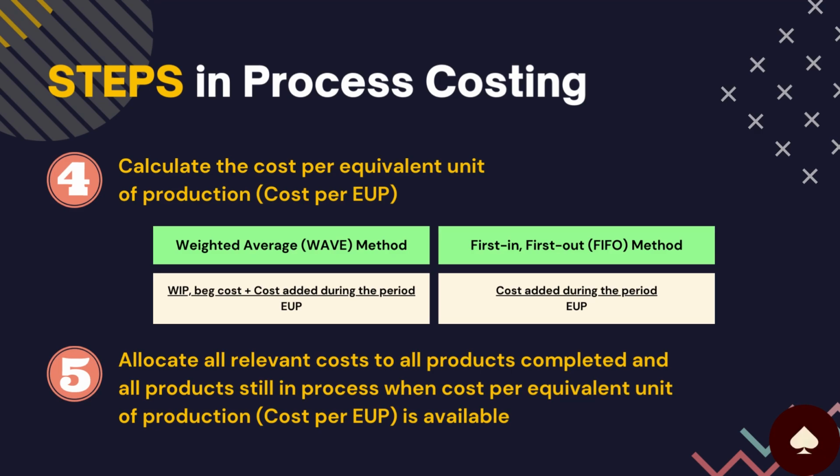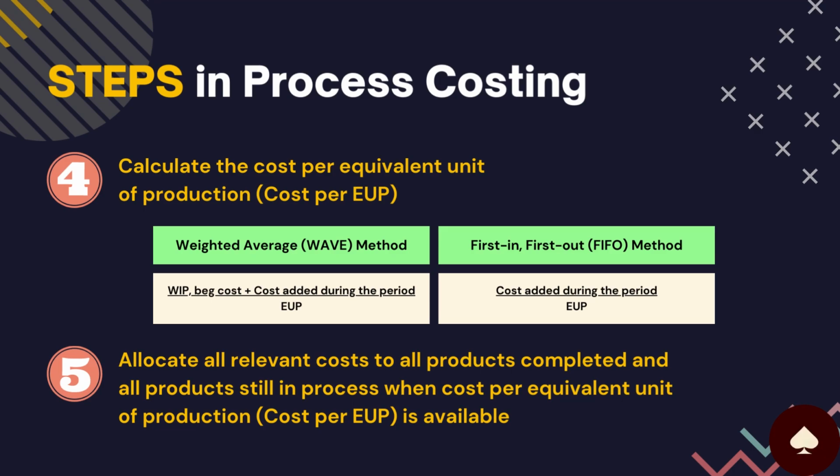To get the cost per EUP under the FIFO method, simply divide the cost added during the period by the EUP. The fifth step is to allocate all relevant costs to all products completed and all products still in process when cost per EUP is available.